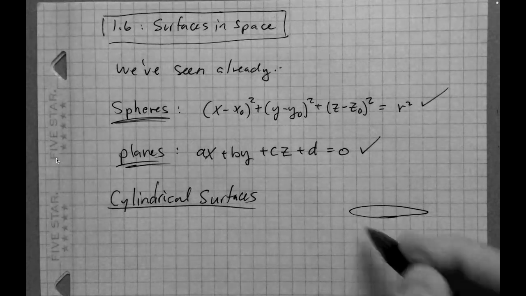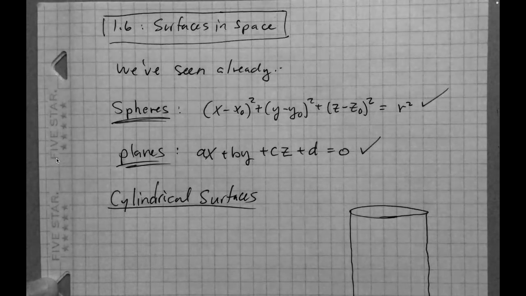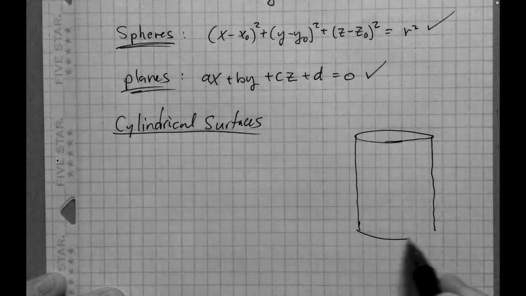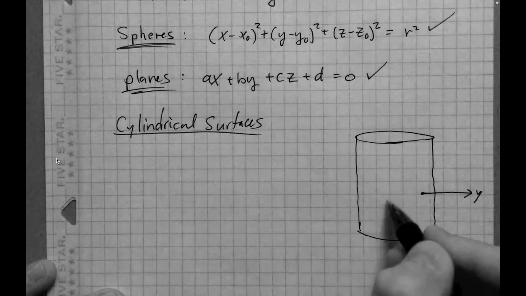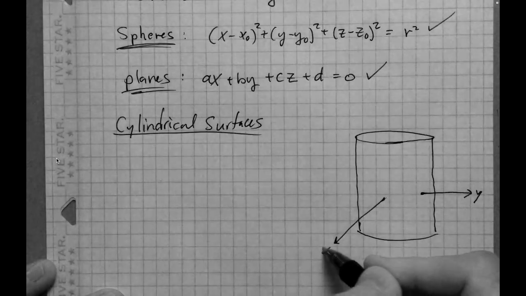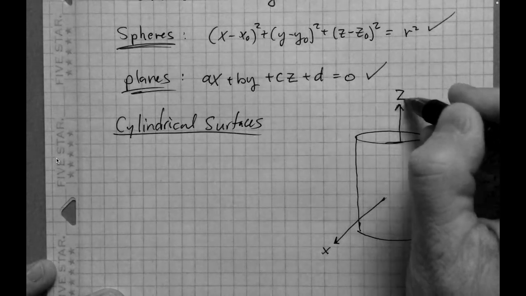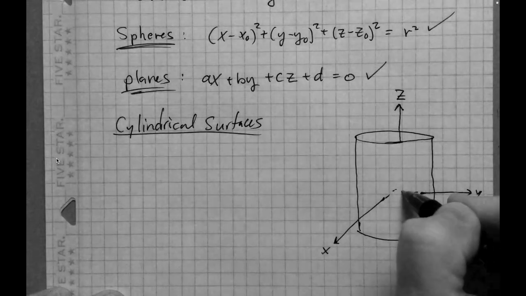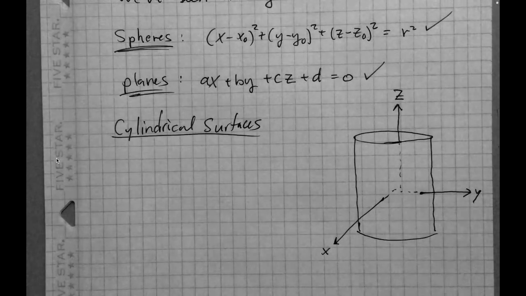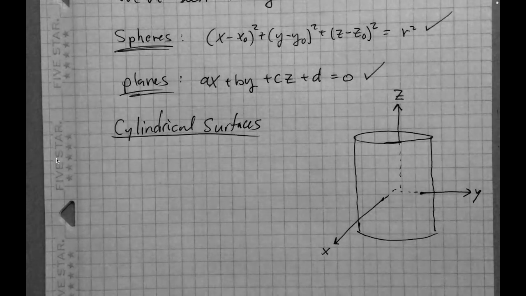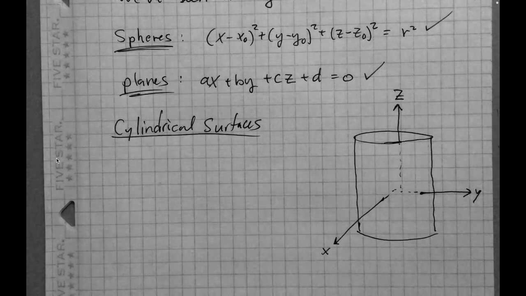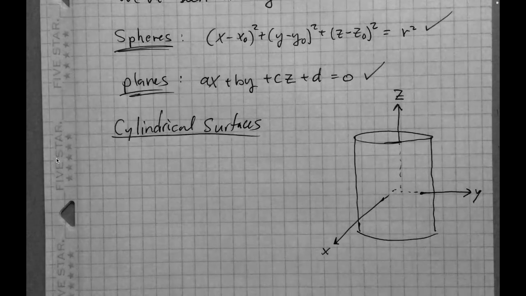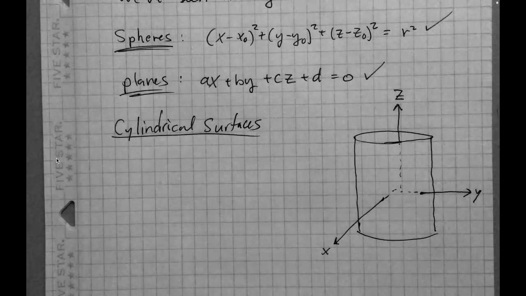Say we've got something like this, and maybe you've got your y-axis here, and your x-axis coming out here, and then at the top you've got your z-axis. For a cylindrical surface like this, the way to think about it is to imagine a cylinder as being just a vertical line in space moving around a circle.